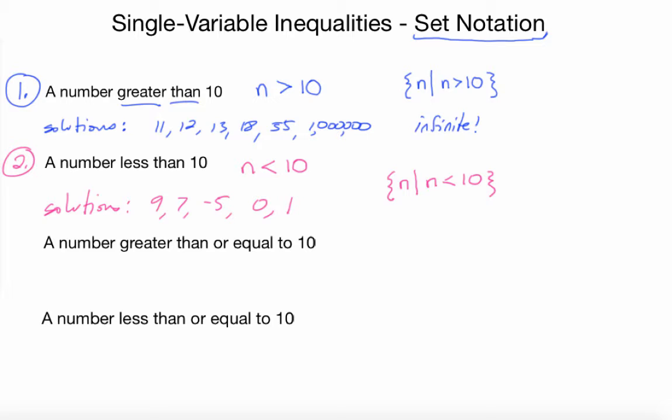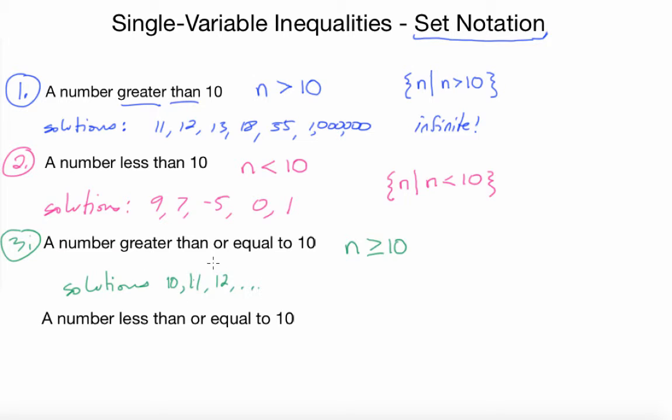Okay, let's get through these other 2 real quick. A number greater than or equal to 10. This is really similar to number 1. The only difference is that my solutions are anything greater than, so 11, 12, and on, but it could also include 10.